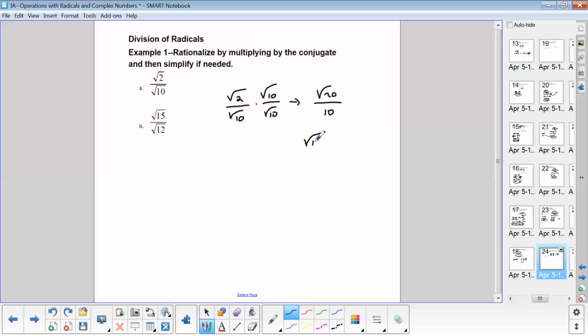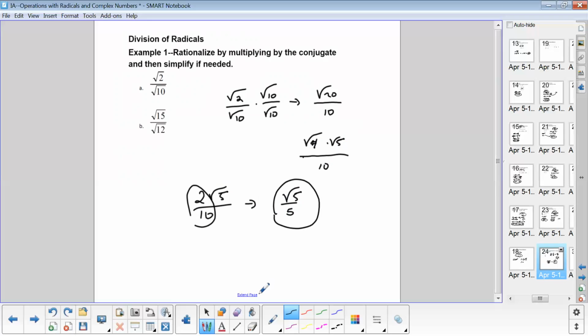So the square root of 20 would be the square root of 4 and the square root of 5, all divided by 10. The square root of 4 is 2, so 2 times the square root of 5 divided by 10. So what's your final? Well, 2/10 will simplify to give you 1, so the square root of 5 divided by 5.